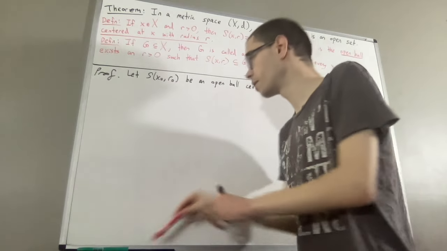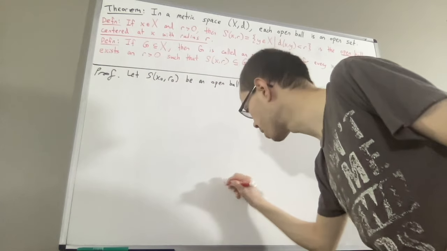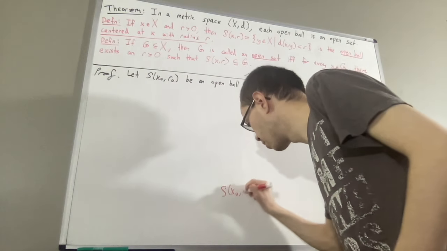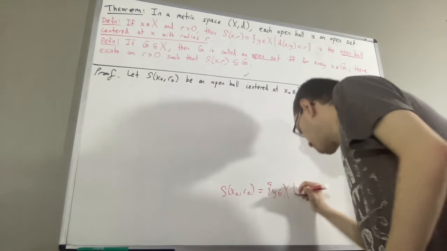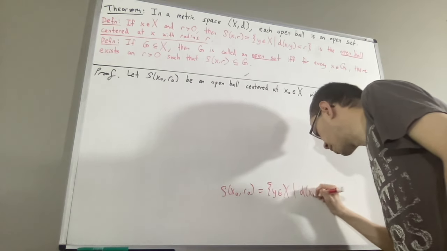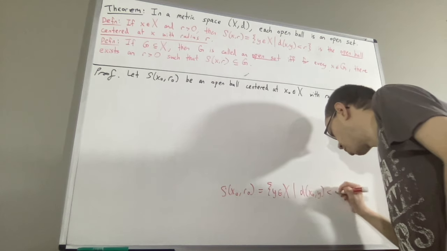By definition, S of x naught comma r naught is the set of all points y such that the distance between x naught and y is less than r naught.